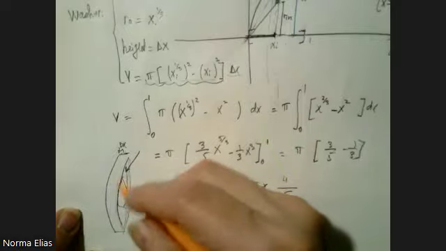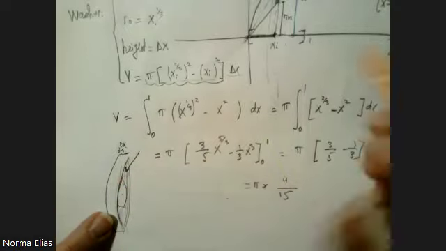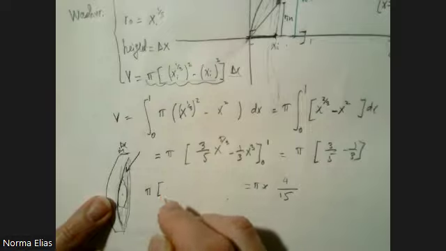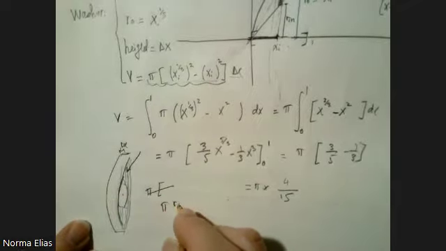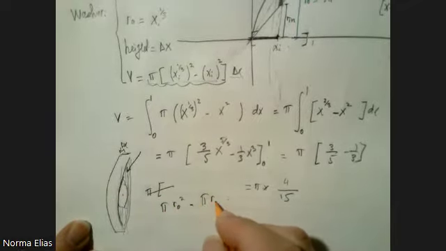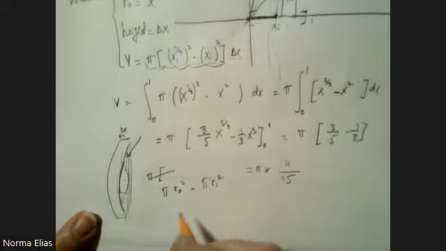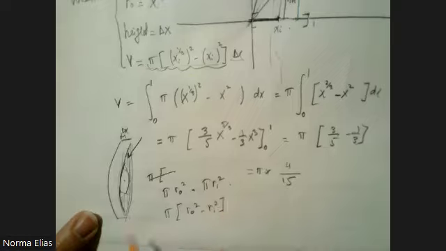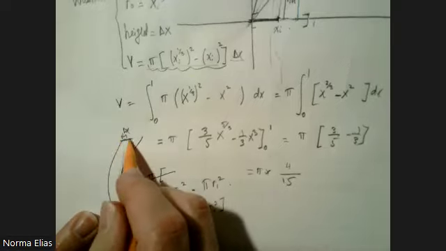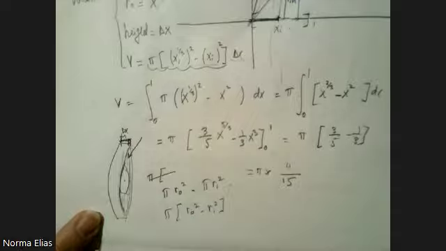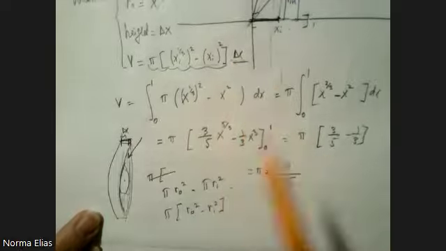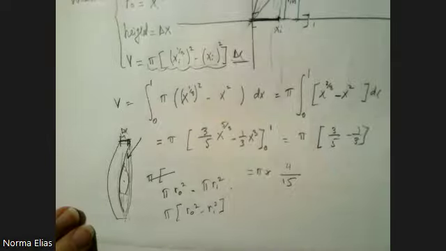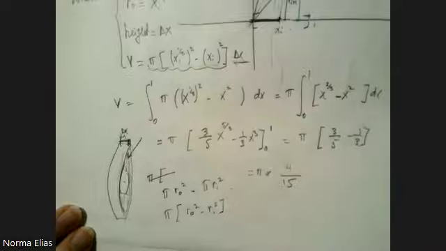The base is basically a circle with a hole in it, so its area is the area of the big circle, which is the outer squared, minus the area of the little circle. It means pi times this minus that. And to get the volume, you're multiplying it by this delta x right there. Otherwise, it's just an area. That's where the importance of the delta x comes in. Otherwise, you will be adding areas, but you add volumes to get the volume. All right?